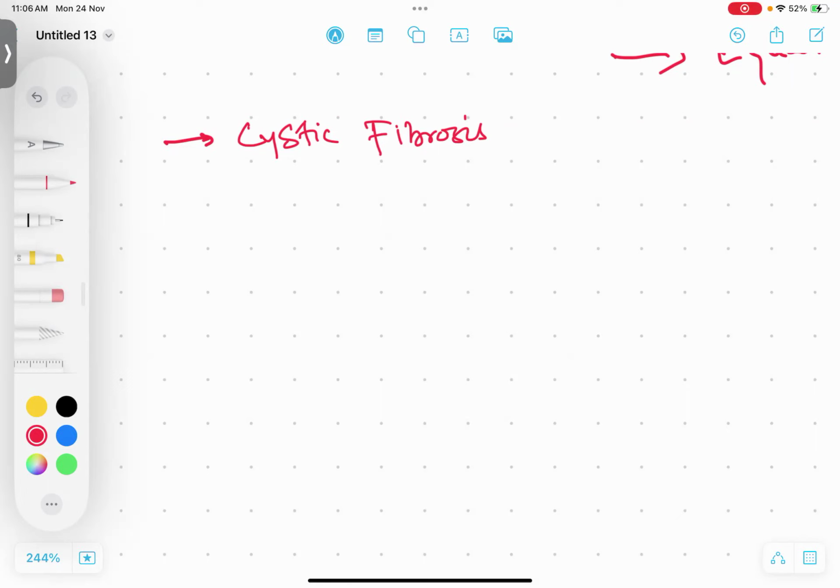What happens in cystic fibrosis? They form biofilm. Biofilm formation occurs in cystic fibrosis patients. So you have an autosomal recessive mutation of which gene?